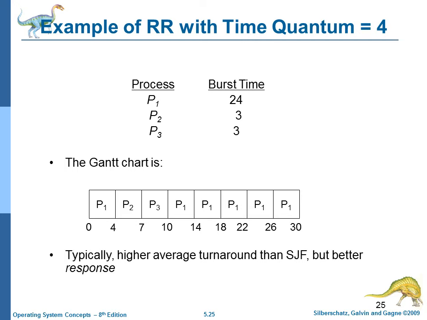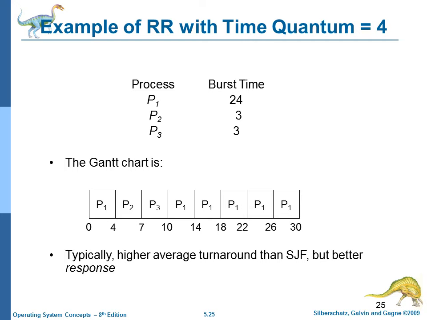This means that the first process will work for 4 milliseconds, and after that it will be swapped out to the back end of the ready queue.